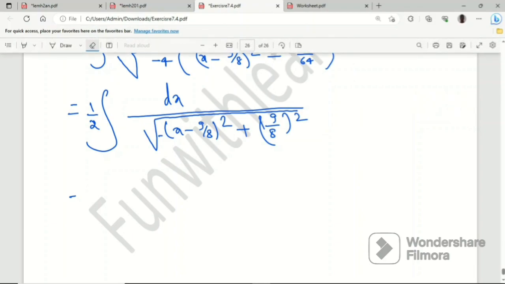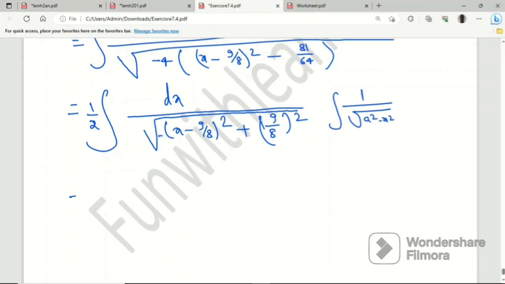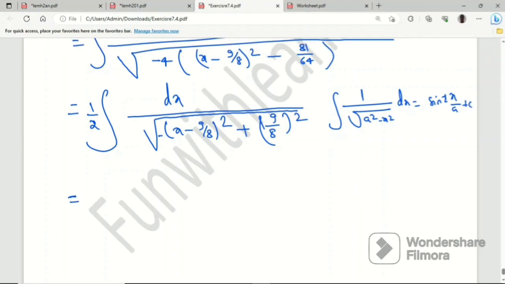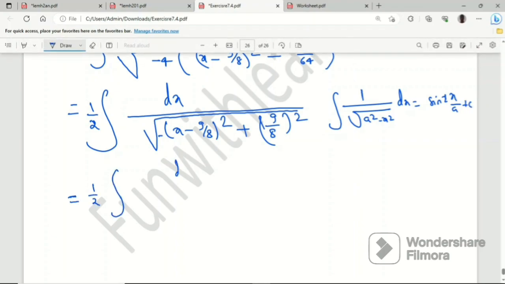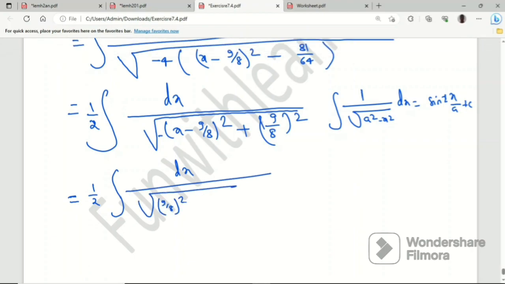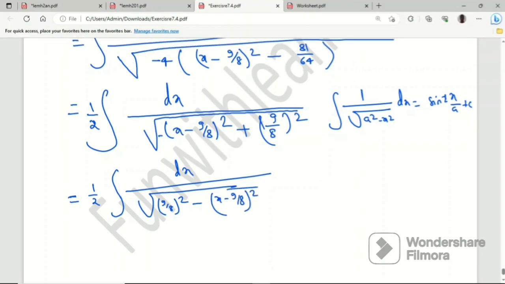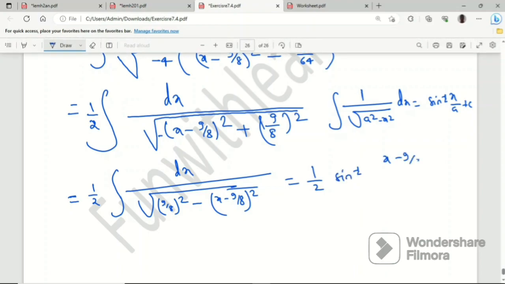So the formula we will use here is integration 1 by under root a square minus x square dx equal to sine inverse x upon a plus c. So here I will write 1 upon 2, it is fine, integration dx upon under root 9 upon 8 whole square minus x minus 9 upon 8 whole square. So it will give me 1 upon 2 sine inverse, what is x? X is x minus 9 upon 8 by 9 upon 8 because a is 9 upon 8.